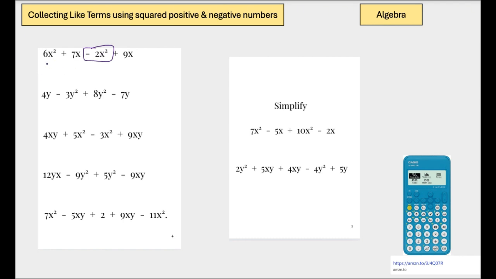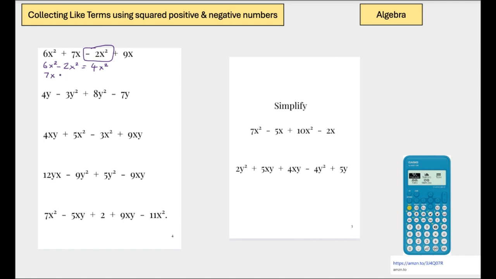So we know 6x squared subtract 2x squared gives us 4x squared. And what have we got left? We've got 7x plus 9x.